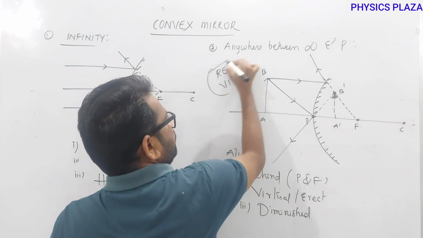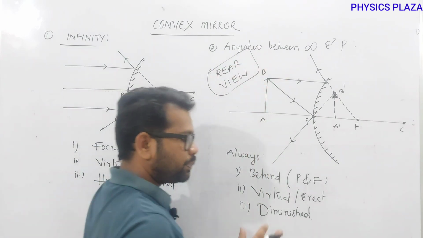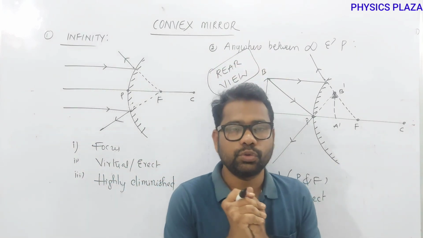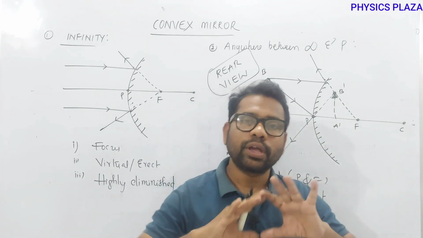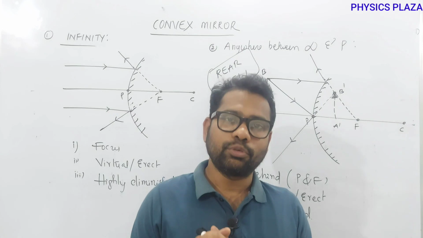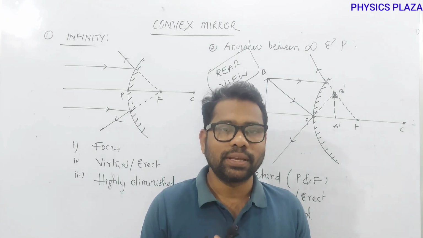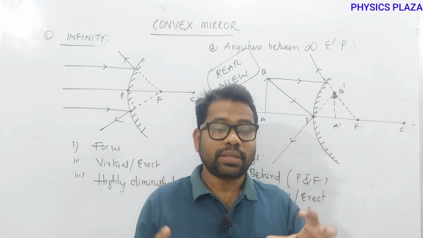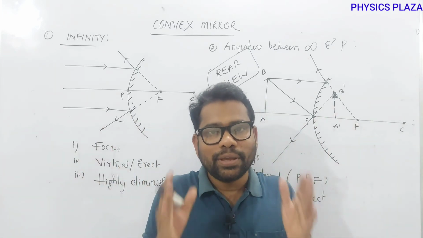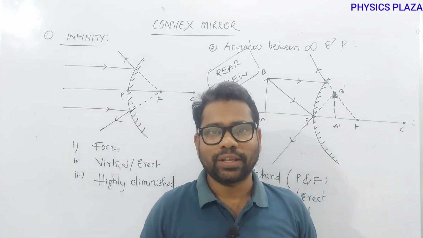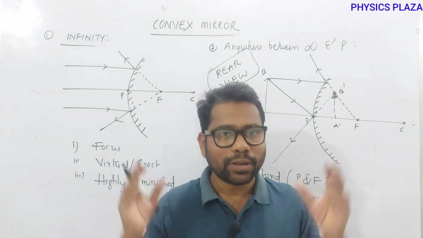Very important. Why can we only prefer a convex mirror? Why can't we use a plane mirror or concave mirror as a rear view mirror? Children, if you use a plane mirror, it gives the same size as the object. If one lorry is coming, the image is also the same size as a lorry. If you can't even see the whole lorry, how can you see other vehicles?